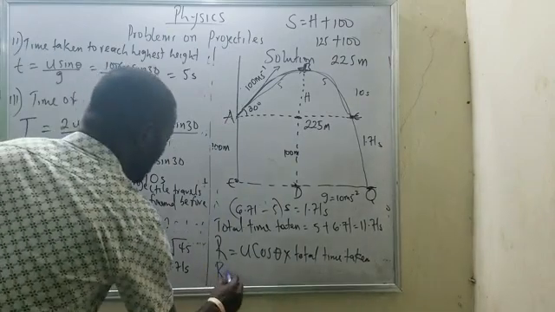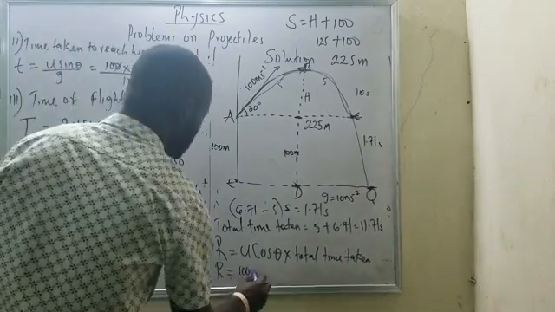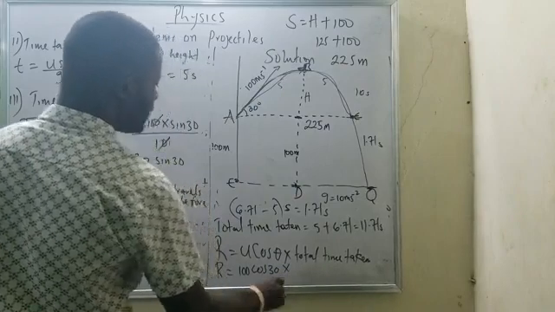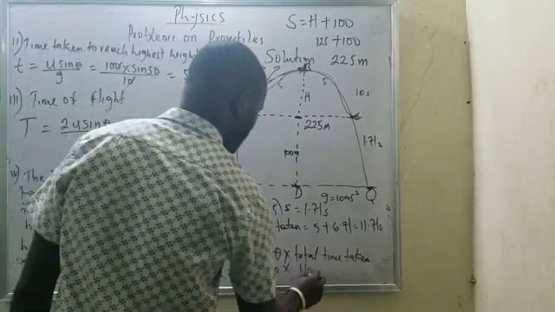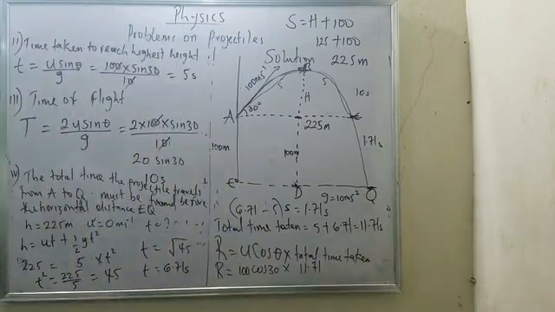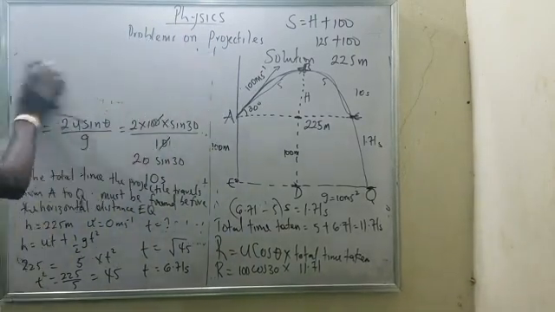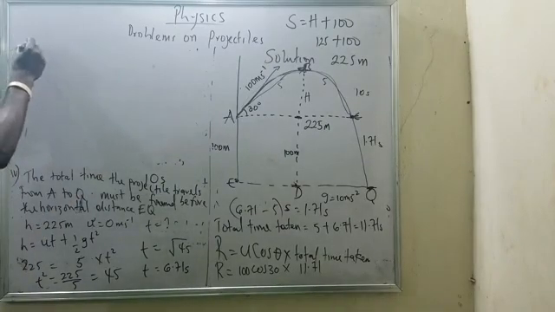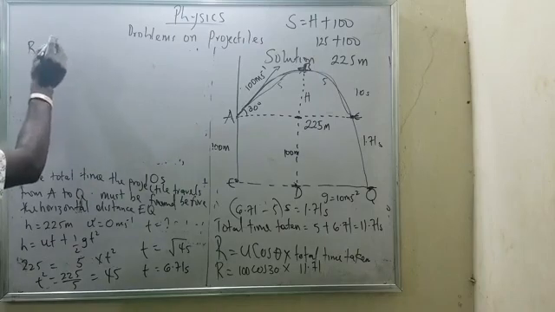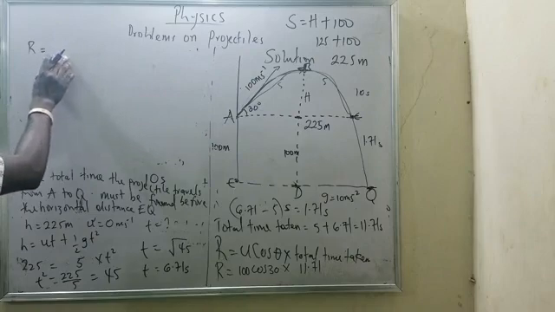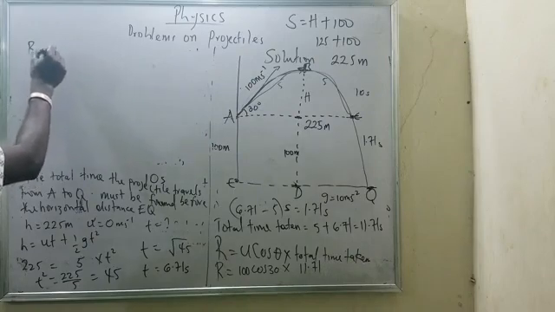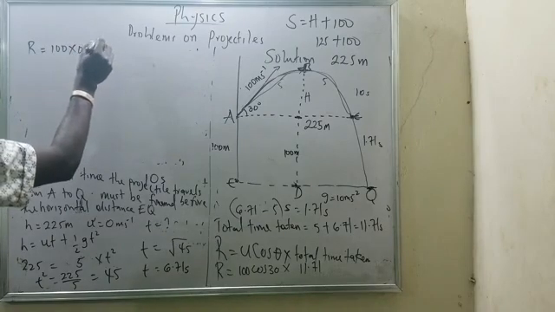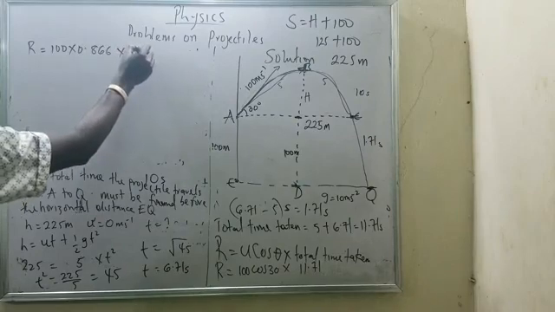So my R equals 100 cos 30 multiplied by 11.71, which is 100 multiplied by 0.866 multiplied by 11.71.